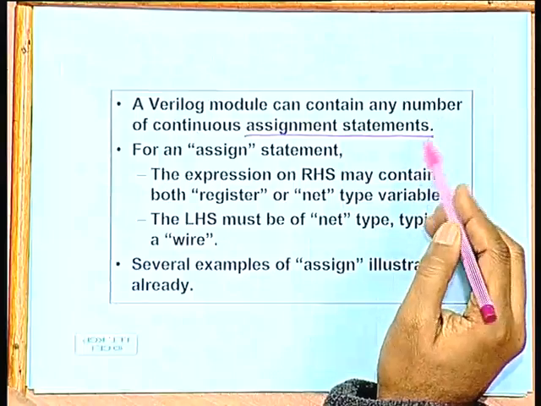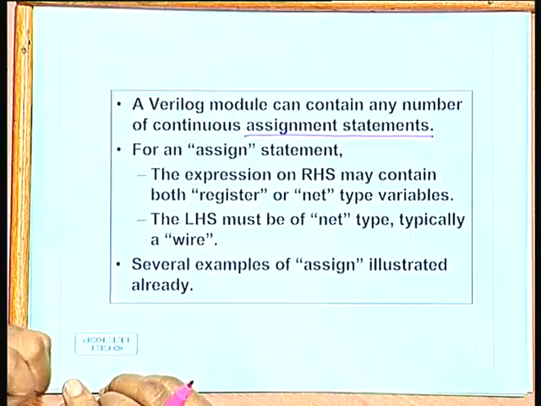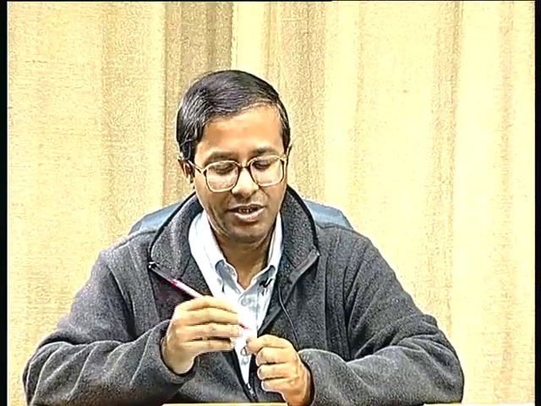And if that net appears on the right hand side of any other assignment statement, that will trigger the computation of that immediately. So this continuously goes on. As I said, this is a natural way of modeling typically combinational circuits, but we will see later that even using assign statements we can model a sequential circuit also, right?